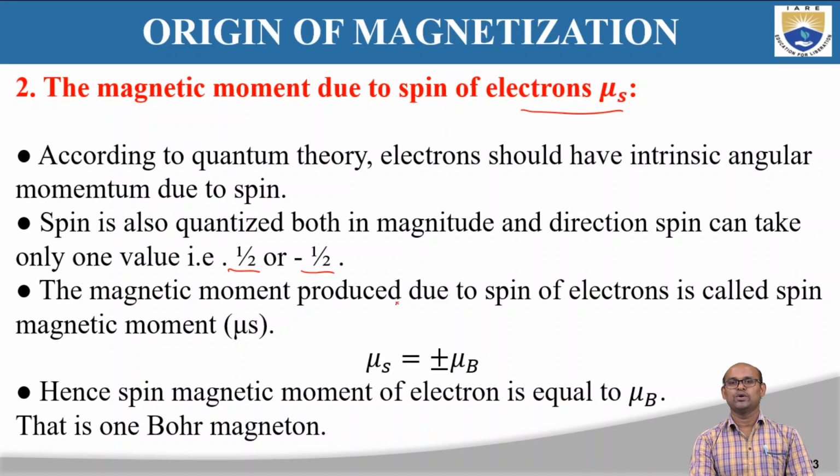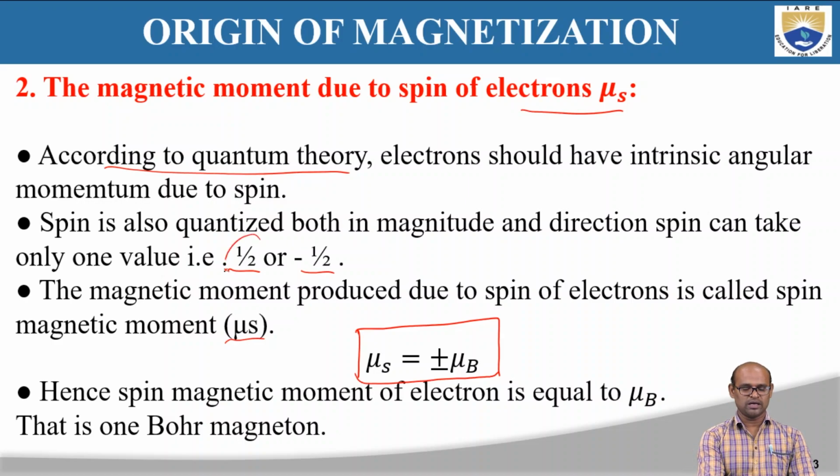The magnetic moment produced due to the spin of electrons is called the spin magnetic moment mu s, and it is equal to plus or minus mu B. As per quantum theory, electron spin is quantized both in direction and magnitude, and it can take only two values, plus or minus half. That is why the spin magnetic moment can take only two values, plus or minus mu B.